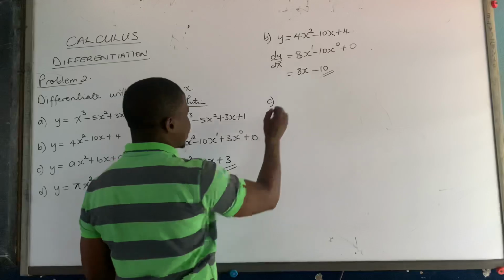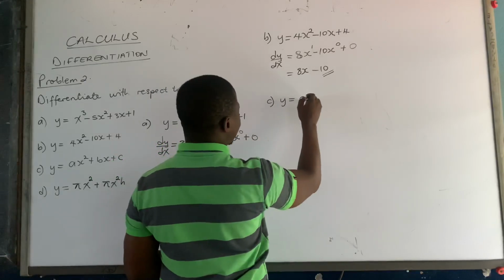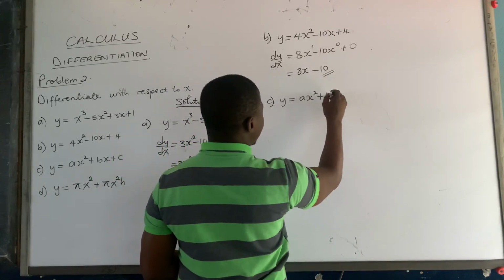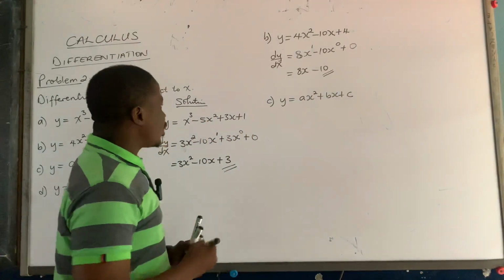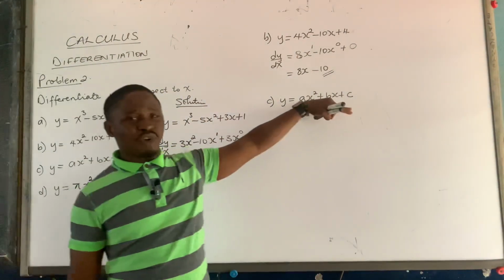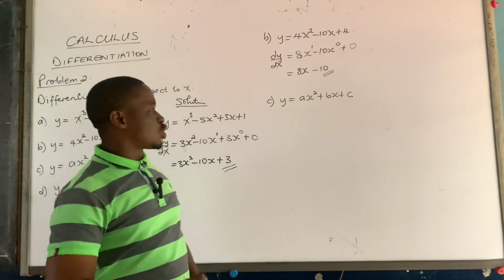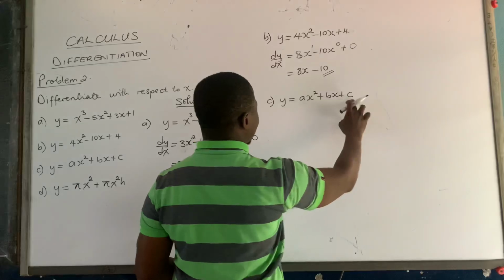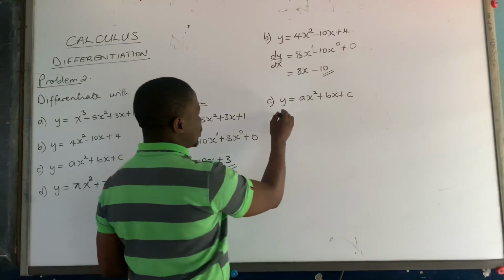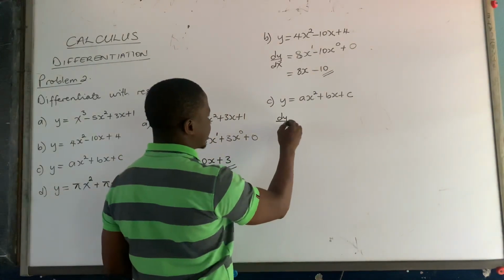C part of the question says y is equal to ax squared plus bx plus c. We want to differentiate this function with respect to x. So we say dy dx.